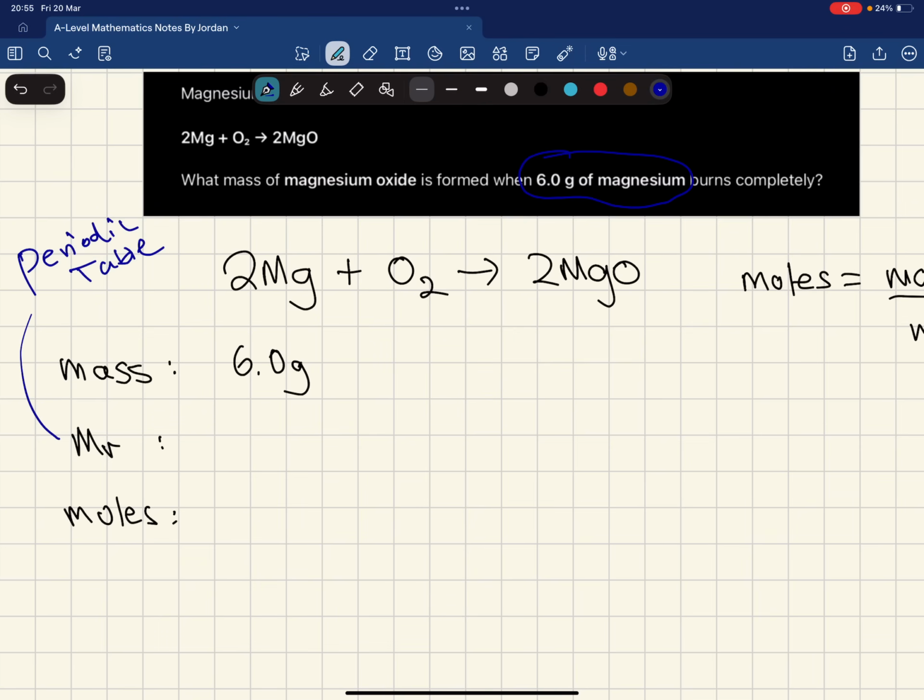So if we focus on the magnesium, for example, Mg would have the number 24 above it. So that's its MR, that number there.